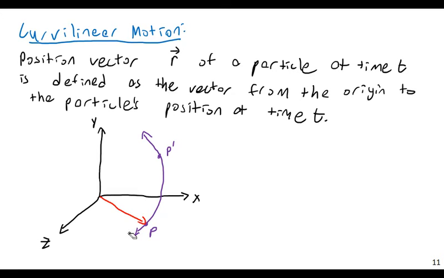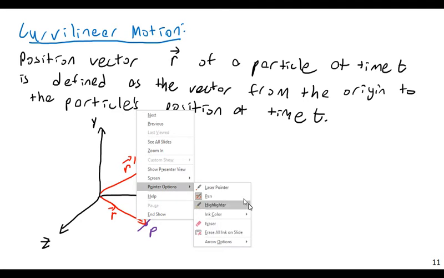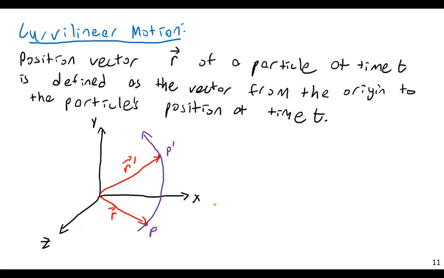Let me go ahead and erase that arrow here just to indicate the path of motion. So this would be R, and this would be R prime. And then the vector from the ends of each vector would be delta R.